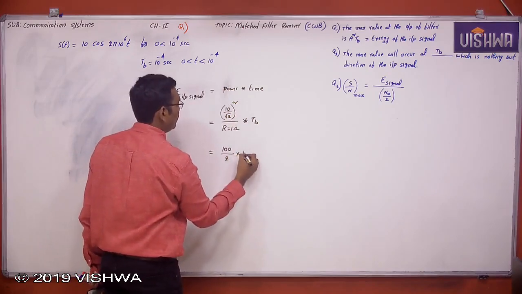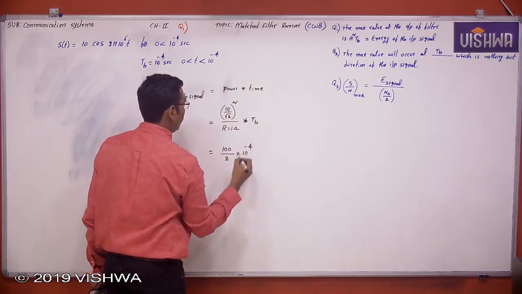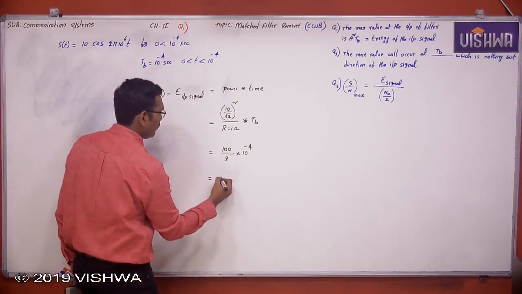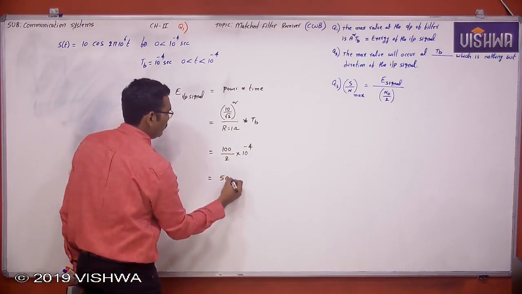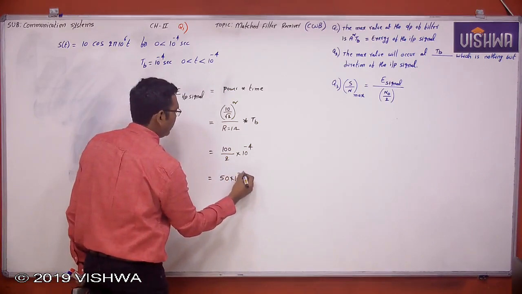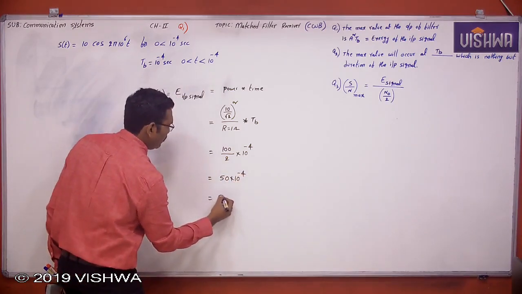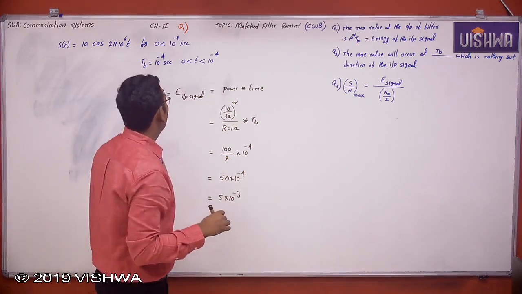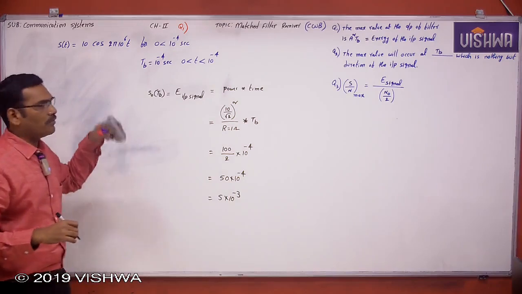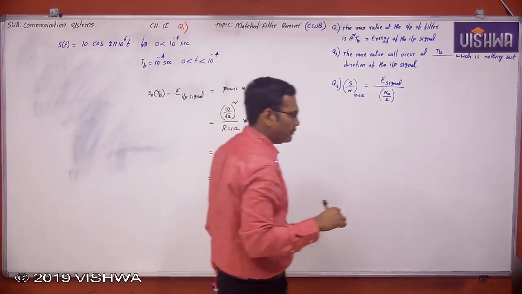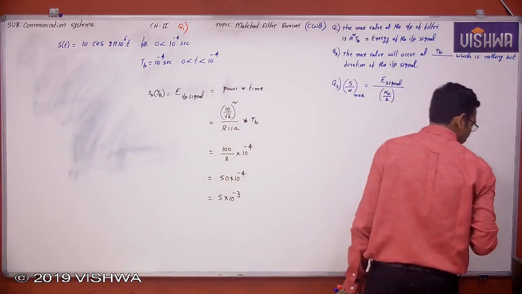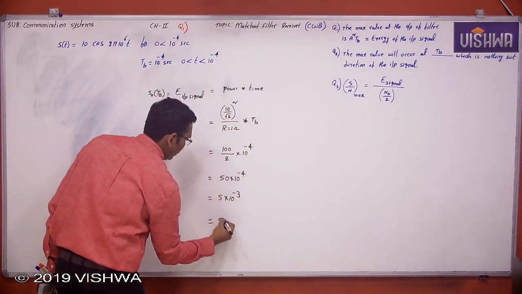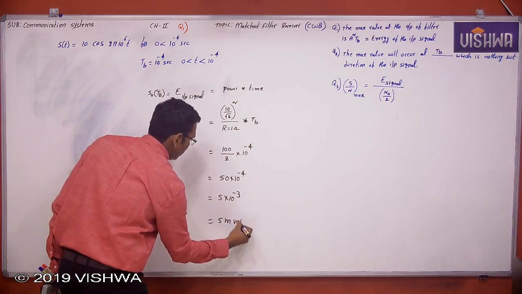What is TB? 10 power minus 4, which is equal to 50 into 10 power minus 4, which is equal to 5 into 10 power minus 3. This is the maximum value at the output of the filter, which is nothing but 5 millivolts.